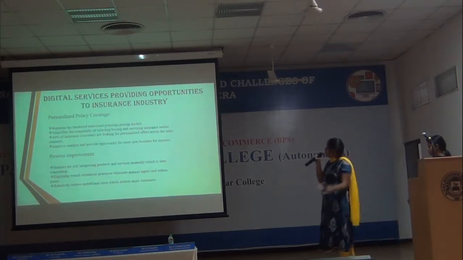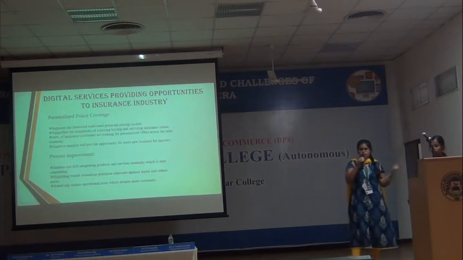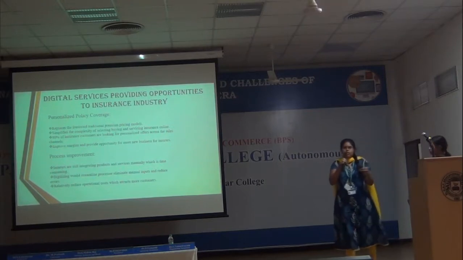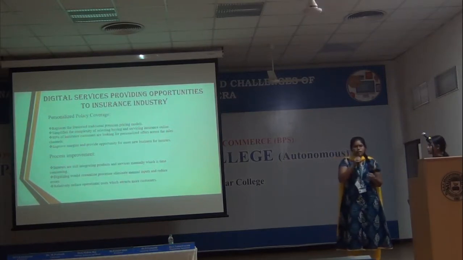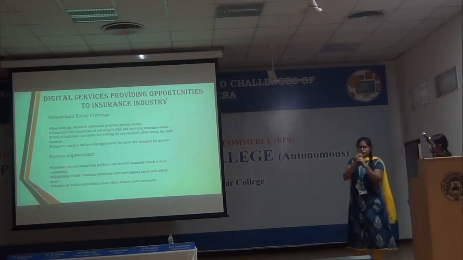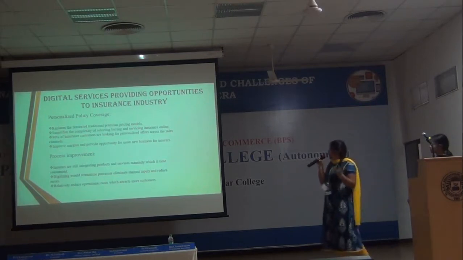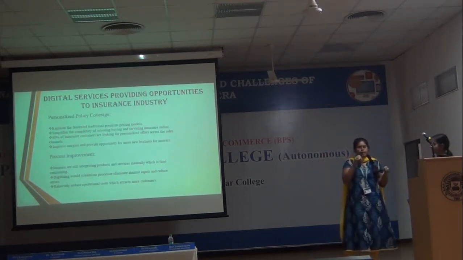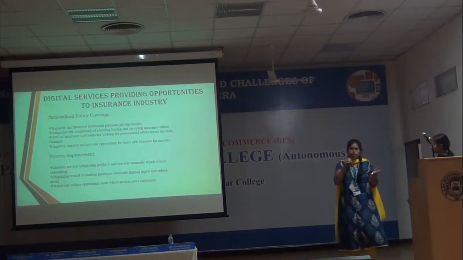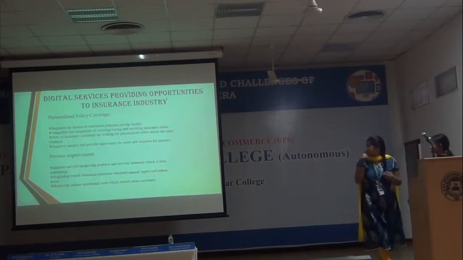And then it simplifies the complexity faced by both the insurers and the insured. In the case of insurers, it reduces their pressure, their work and their manual inputs. And in the case of the insured, it provides more customer experience and more customer satisfaction.